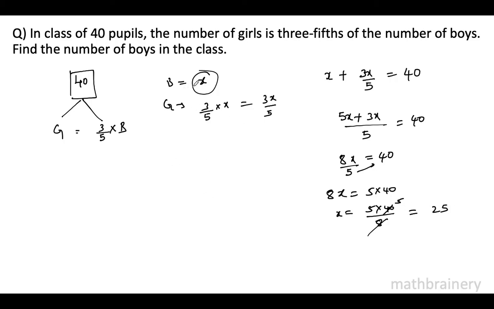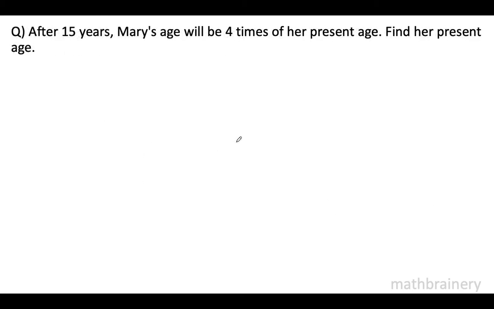So the number of boys in the class are 25 and the number of girls must be 40 minus 25, that is 15. Okay, so what's asked in the question? Find the number of boys in the class. The number of boys in the class are 25. Let's look at the next question.